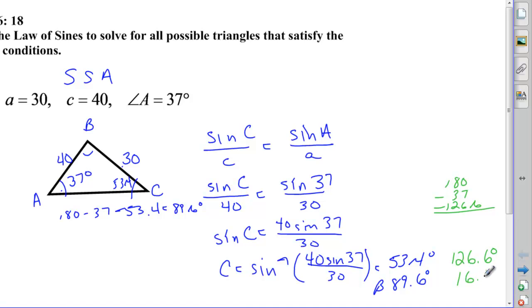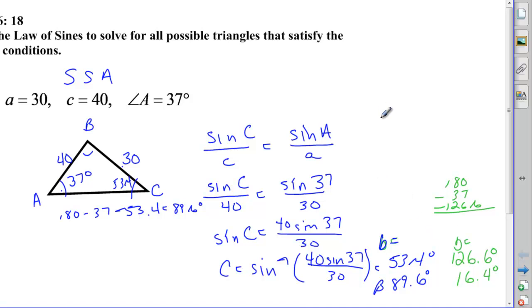Since this works, I can go ahead and have 2 triangles. This blue triangle, I would then have to go through and just find side b using law of sines. And the green triangle I could also find using law of sines to find this last side b. And so there's 2 possible triangles in this situation.